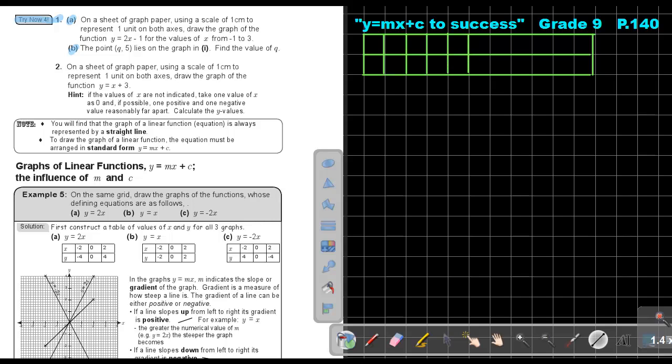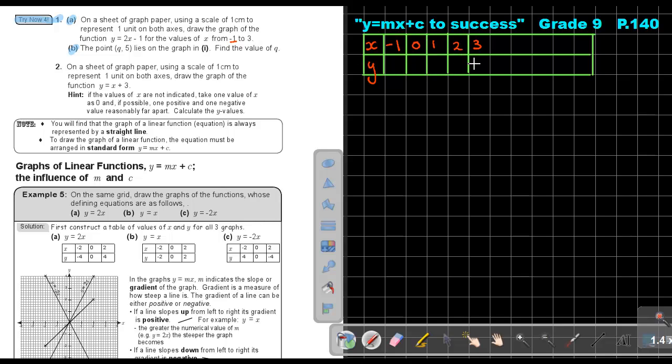Okay, so this is my x value, this is my y value. They say from -1, so you can go 0, 1, 2, 3.